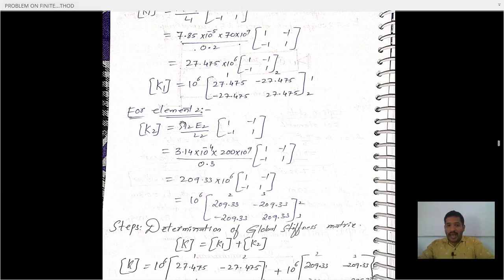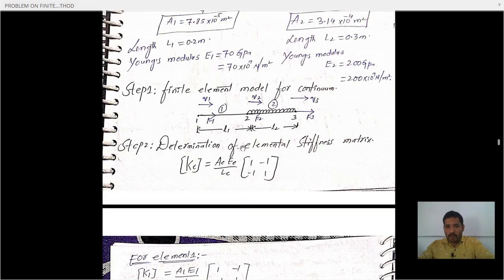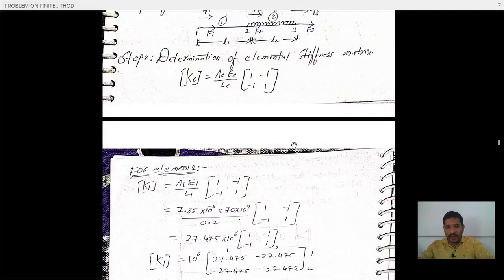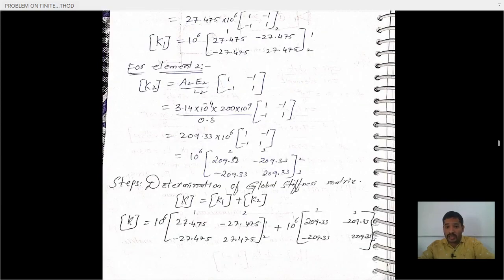I'm talking about the second element, which connects the second node to the third node, so we represent second node, third node, second node, and third node.